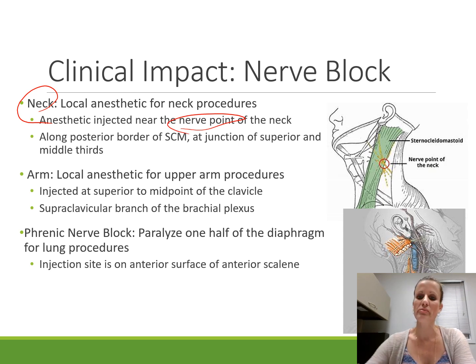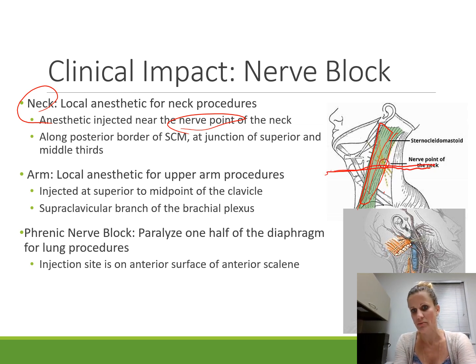The nerve point, remember we said, is just behind the sternocleidomastoid in the lateral region of the neck. And different texts give different reference points. Some say just behind the midpoint of the sternocleidomastoid. Some texts say just behind the junction of the superior third and the middle third, which would be right here.